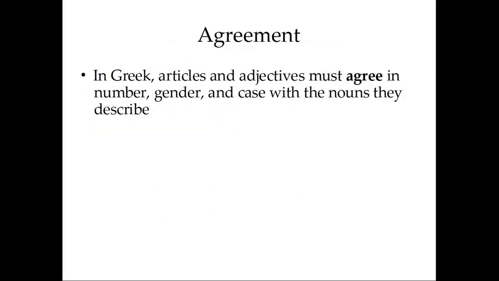Agreement. In Greek, articles and adjectives must agree in number, gender, and case with the nouns they describe. Here, agree simply means they must have the same number, gender, and case as the nouns they're describing. These may not necessarily be the same endings, but they must be in the same number, gender, and case.